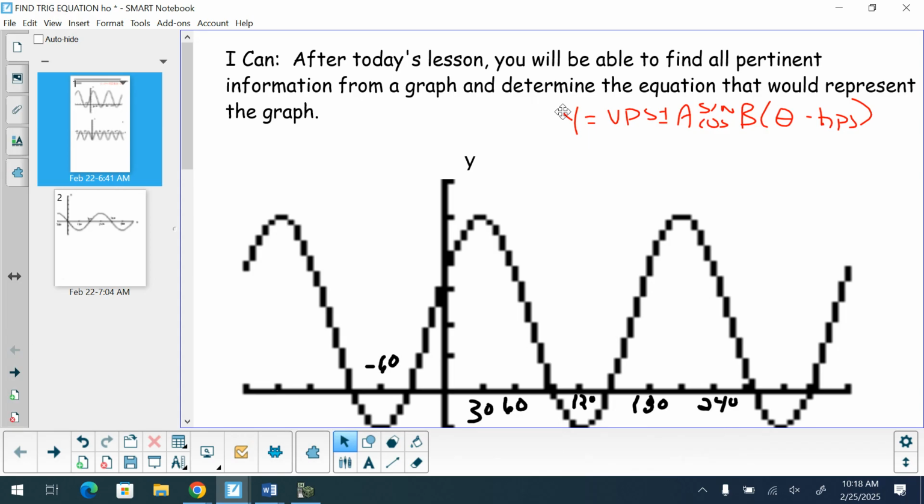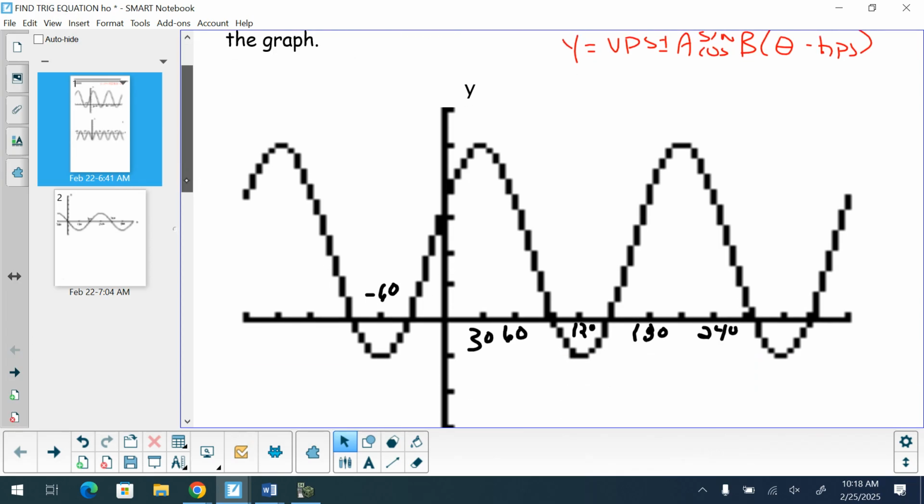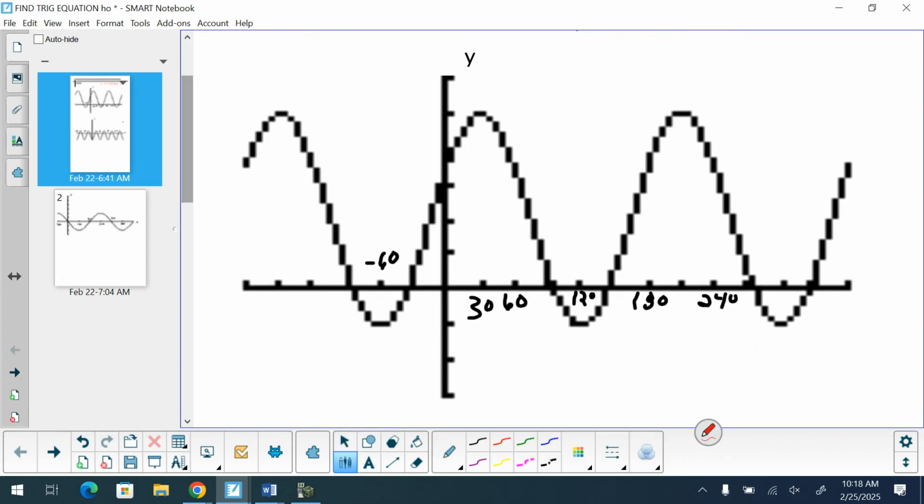Because you're going to be given an equation, and I'm going to ask you to come up with all these ideas, these four elements that we've been working with: amplitude, period, vertical and horizontal phase shift. You're going to have to come up with these four elements and then develop an equation given this information. If I look at my values, I didn't label my y-axis. We have -1, 1, 2, 3, 4, 5, and 6.